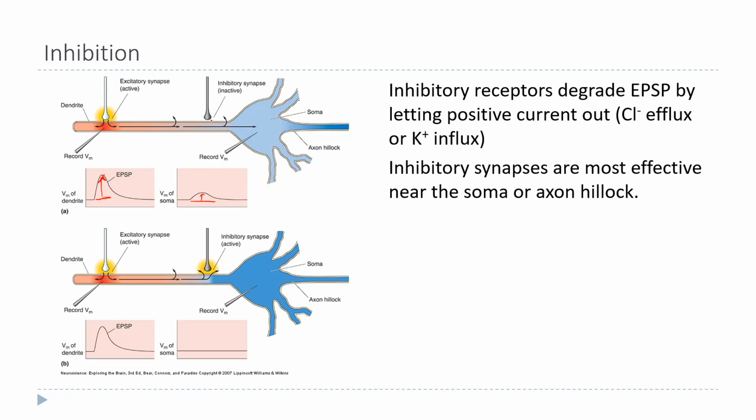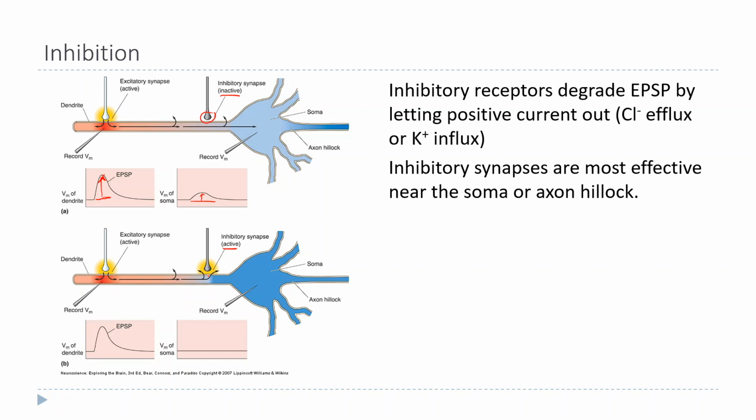But if you have a position that is closer to the axon hillock than the excitatory synapse, so right here, for example, you have an inhibitory synapse. Up here it's inactive, so it's not doing anything. Down here it's active, so that means that there's an inhibitory neurotransmitter being released from this synapse.